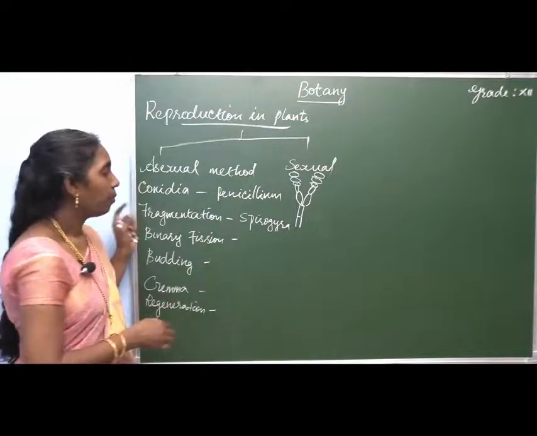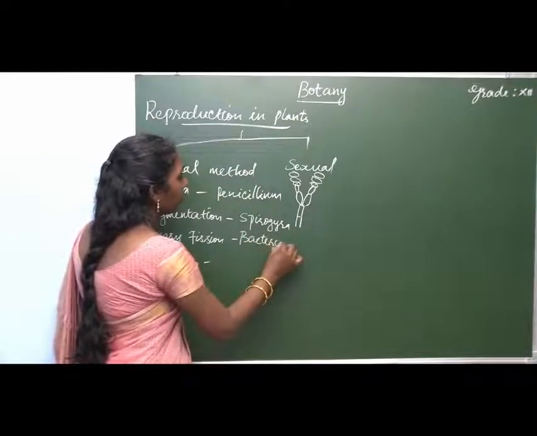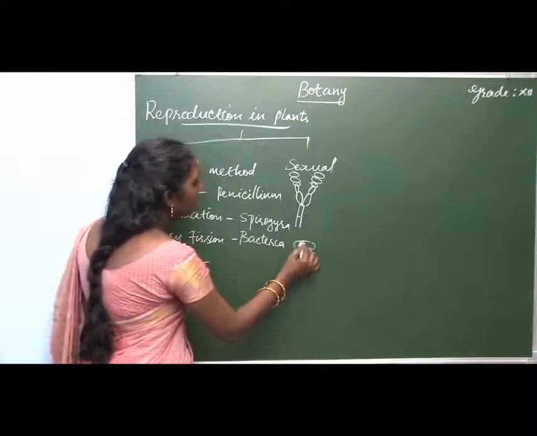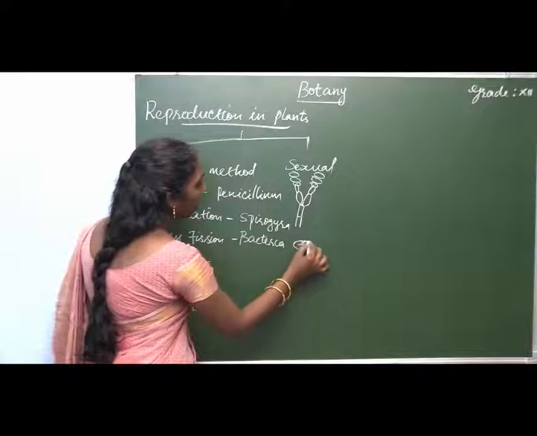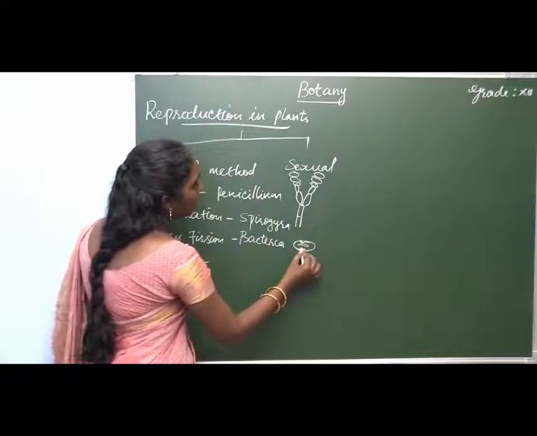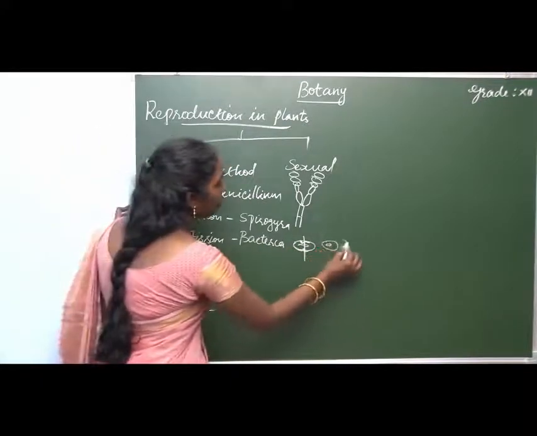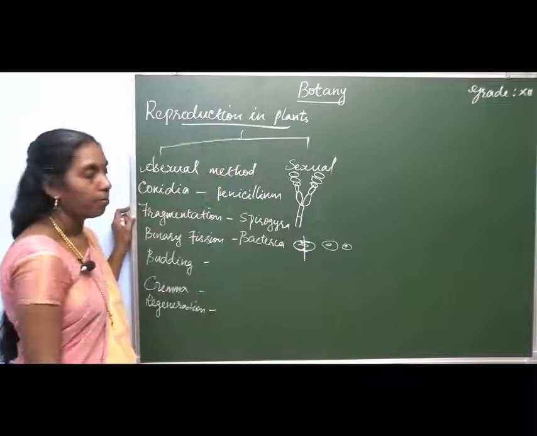Then binary fission. Binary fission is observed in bacteria. A single cell has the ability to divide. So, it divides into new individuals. So, two different individuals are formed.